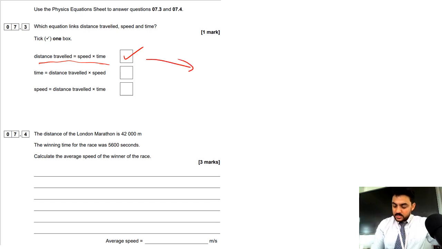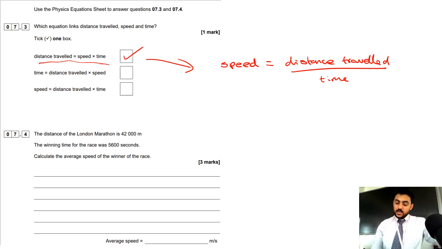So we can rearrange this equation to make speed the subject. Speed is equal to distance traveled divided by time. There is a way you can do this without rearranging first, but the rearranging has to be done at some point.